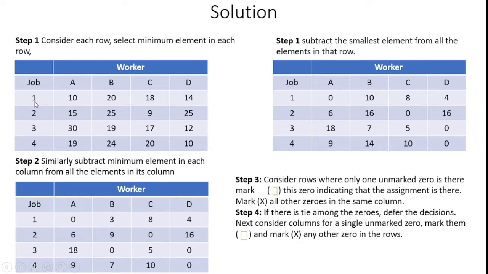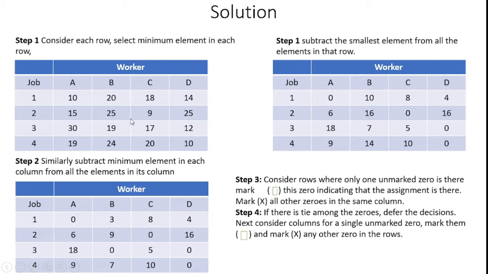Considering job 1, the different time elements available are 10, 20, 18 and 14. From this I can select the minimum element. Which one is the minimum? 10 is the minimum element. For the second row, the values are 15, 25, 9, 25.